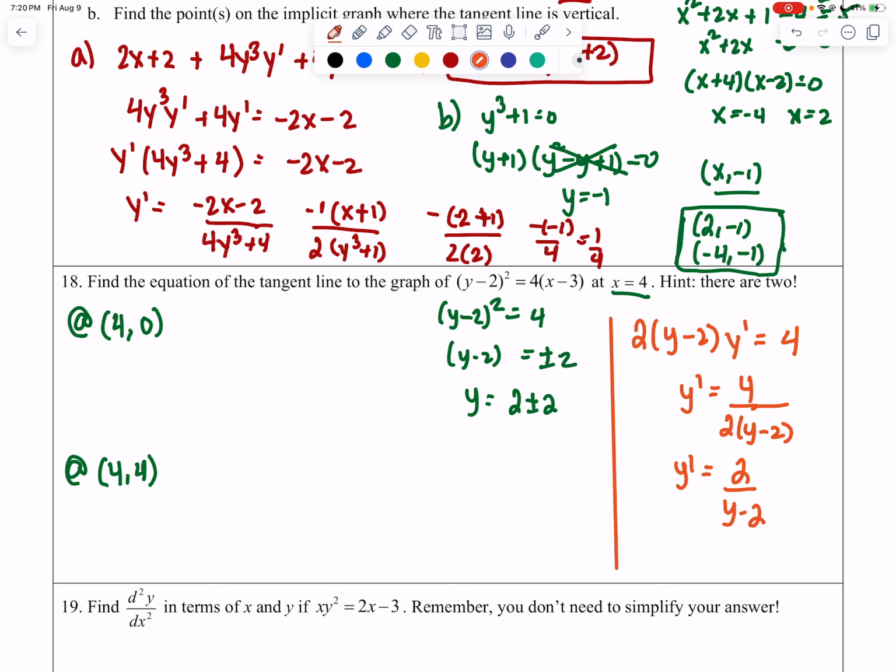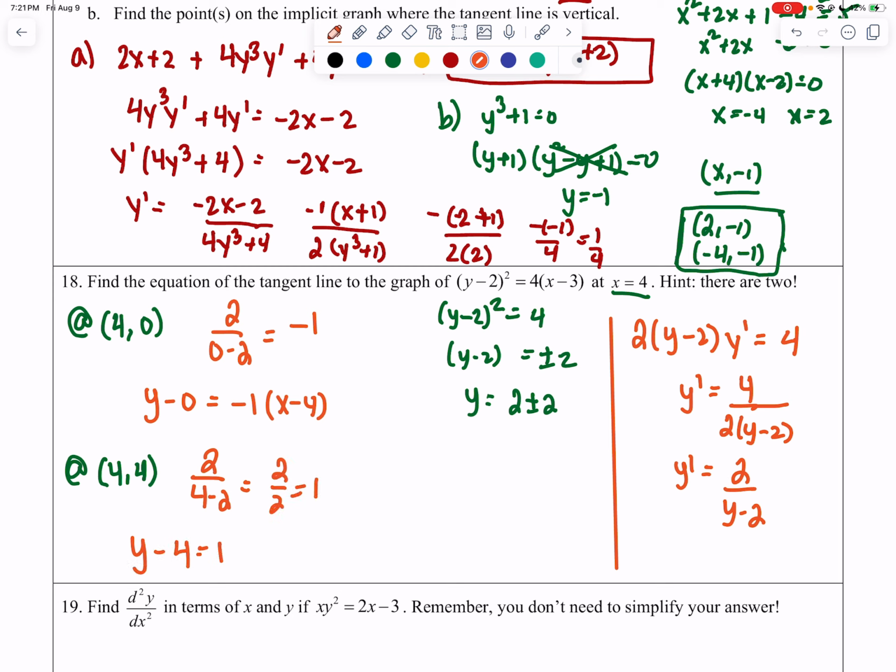And then if I were to plug in 0 for y, I'm going to get 2 over 0 minus 2, or a slope of negative 1. So I have y minus 0 is equal to negative 1 times (x minus 4). If I were to do 4, I'm going to get 2 over 2, or 1. So I have y minus 4 is equal to 1 times (x minus 4) as my two equations.